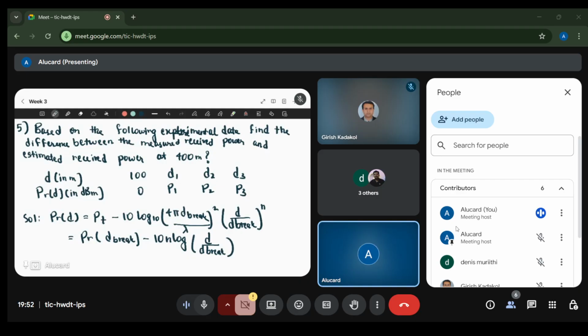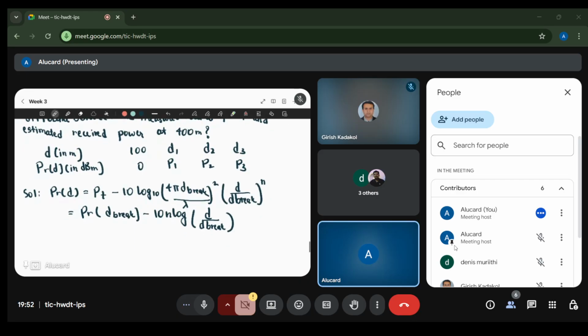Okay, so that is question 5. The data is the same for 5 and 6. Now, the received power PR of D is PR of D break minus 10 n log of D over D break.